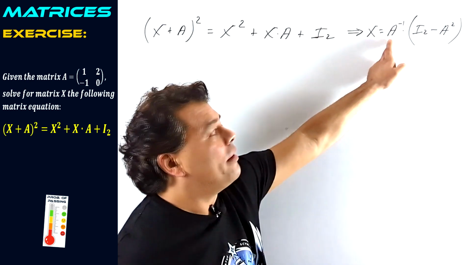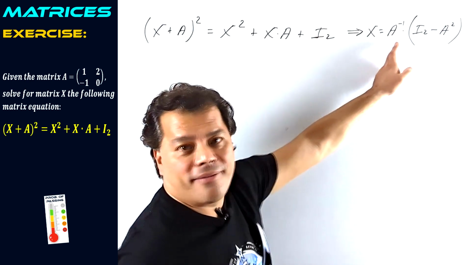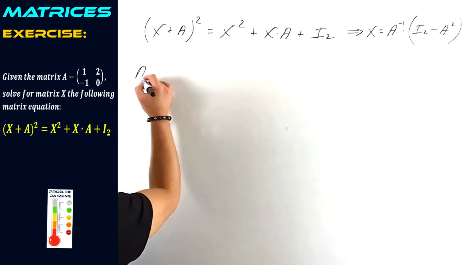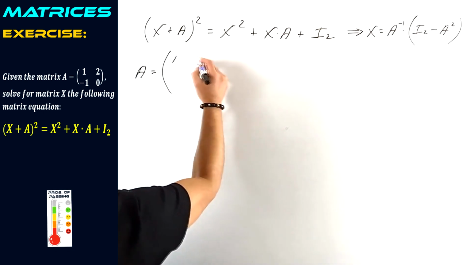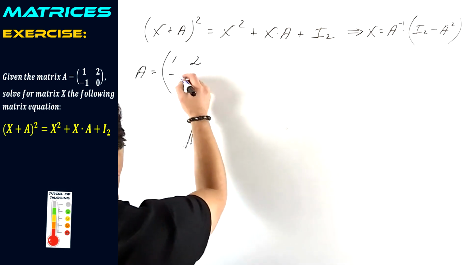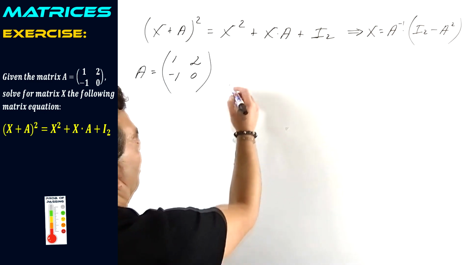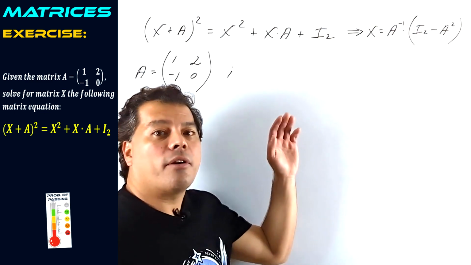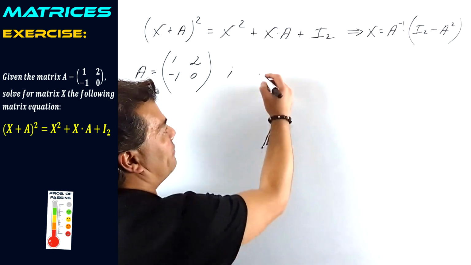Now we are going to calculate the inverse matrix of A. There you have matrix A, 1, 2, -1, 0. And what is the formula that we're going to use to calculate its inverse?